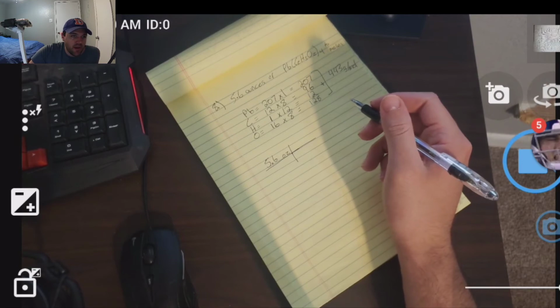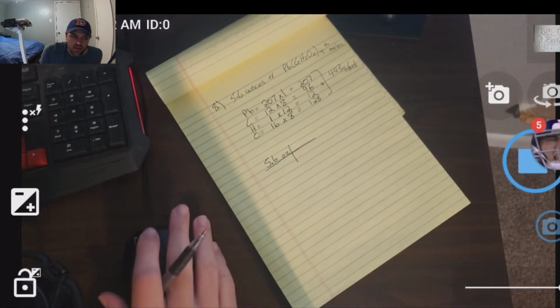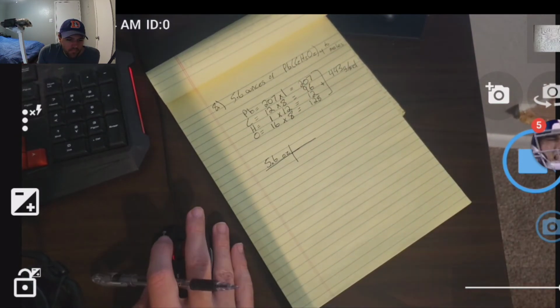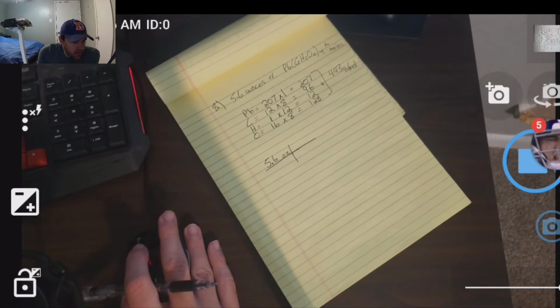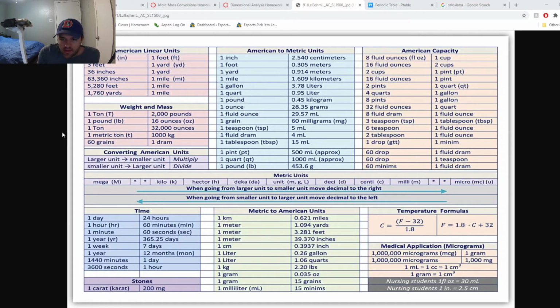So this is where you go back to that conversion chart you had on the previous homework. And I will link that for you again in this homework just for these two problems. But we're looking for a conversion between ounces and grams. So if we look, we can find right here, it says 1 ounce is equal to 28.35 grams.